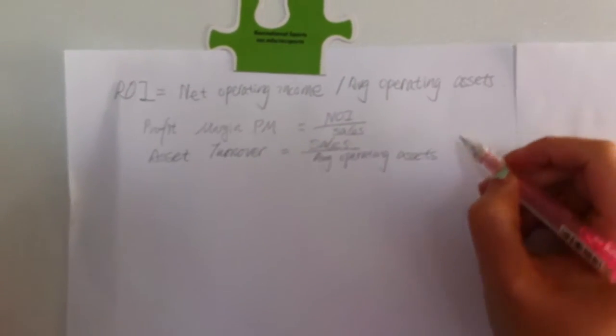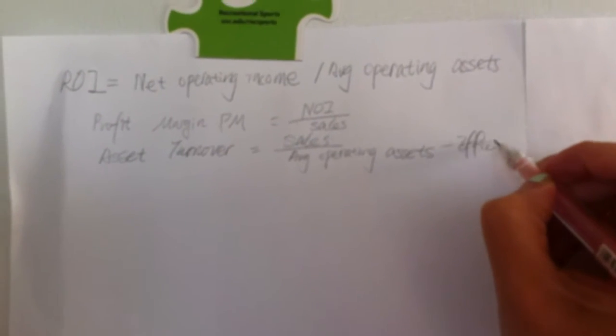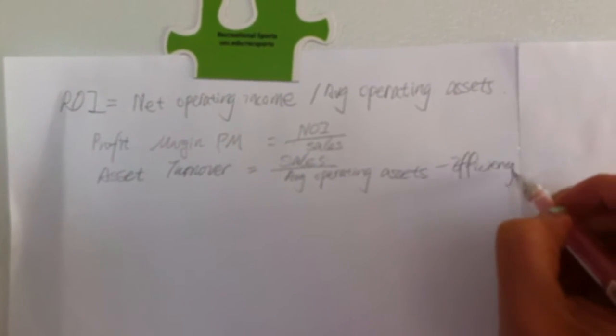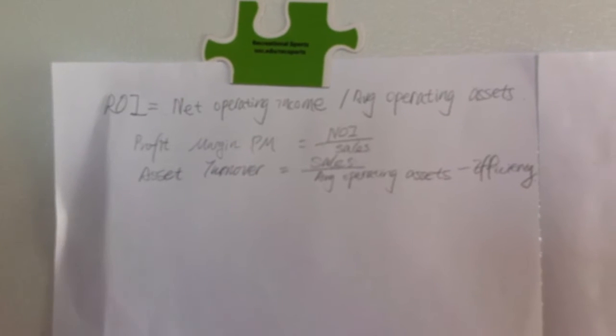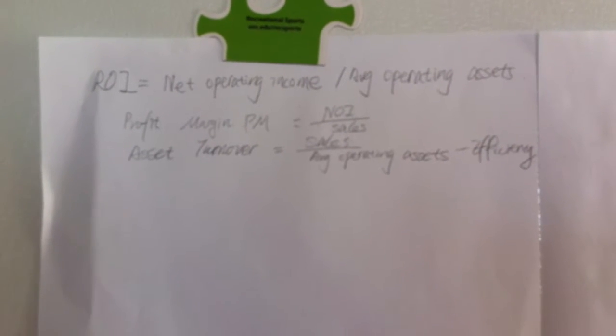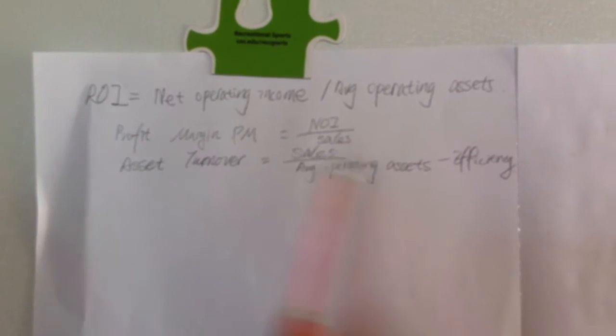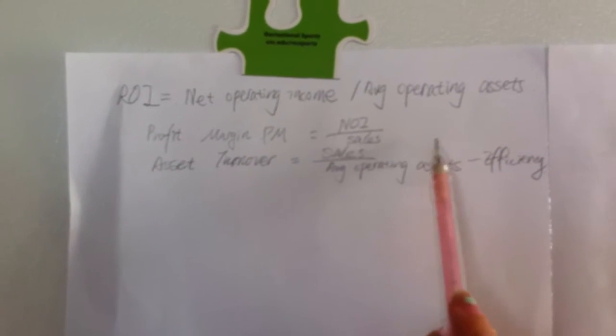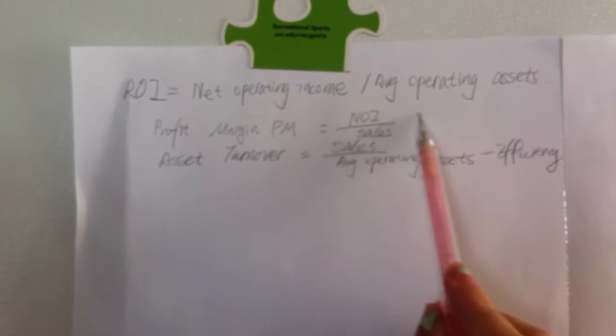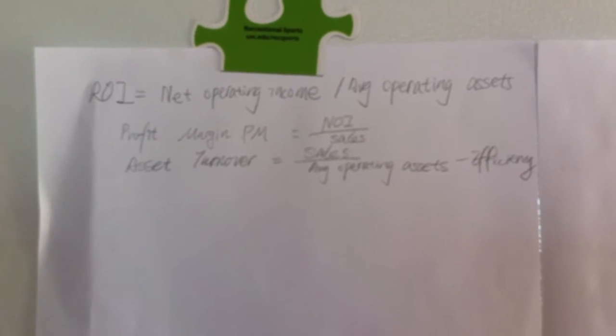This measures the efficiency of our business. In other words, $1 of operating assets can generate how much sales, while the profit margin is $1 of sales can generate how much net operating income.